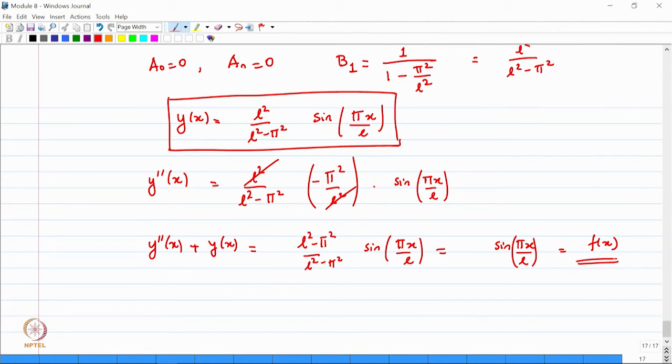So you can easily verify that this satisfies the differential equation, and y of 0 equal to y of L equal to 0. That is also easy to see.